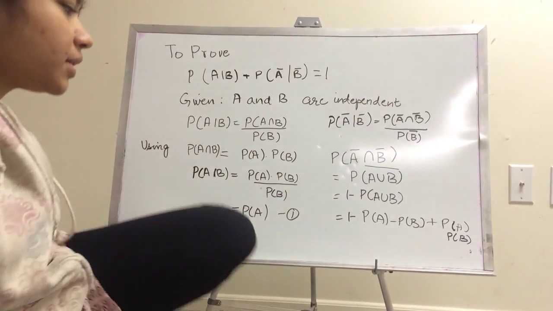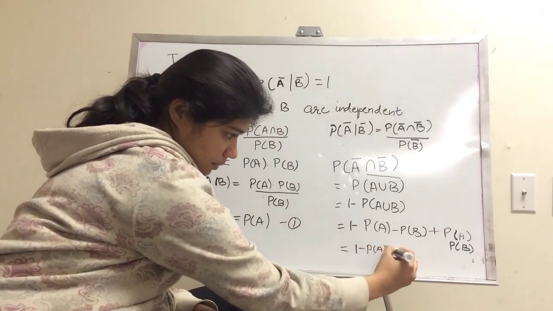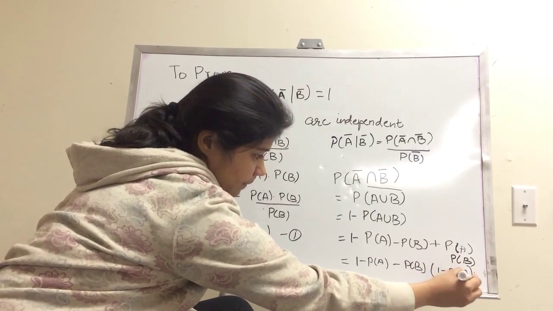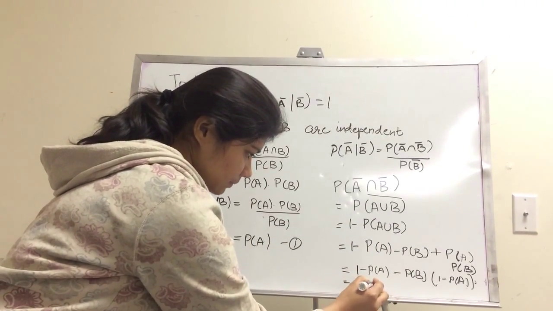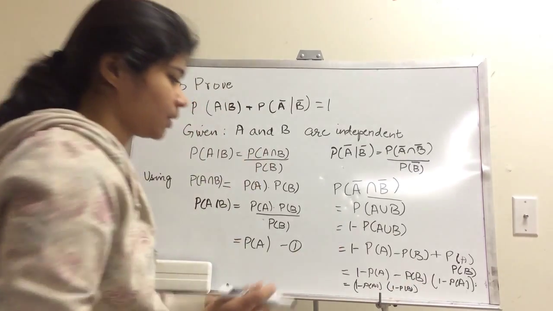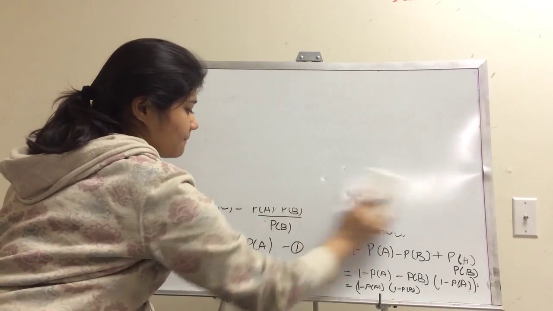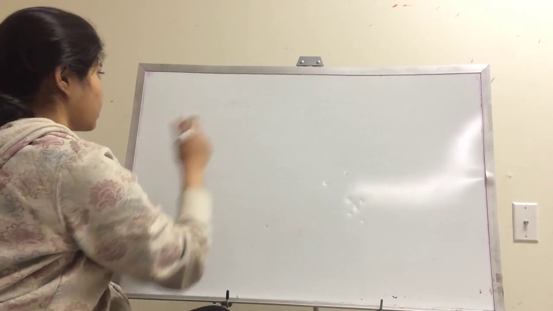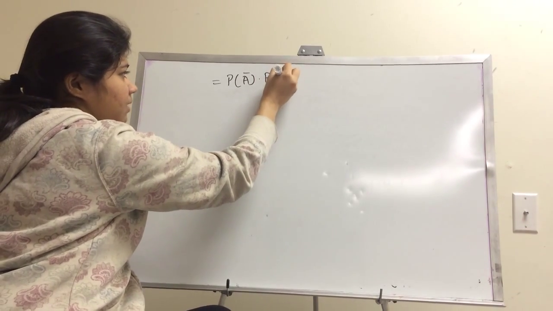Now, after taking probability of B common from these two terms, I can write 1 minus probability of A minus probability of B into 1 minus probability of A. Now after factorization I will get 1 minus P of A into 1 minus P of B, which is equivalent to probability of A bar into probability of B bar.